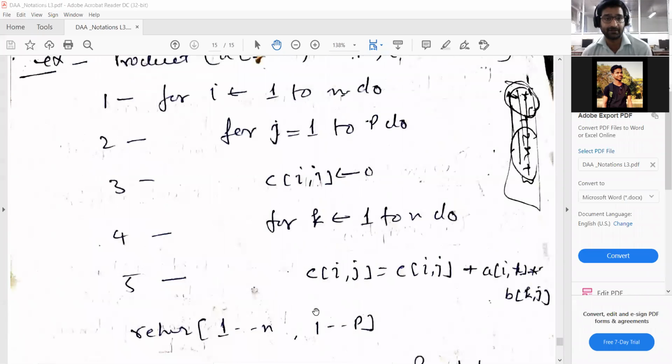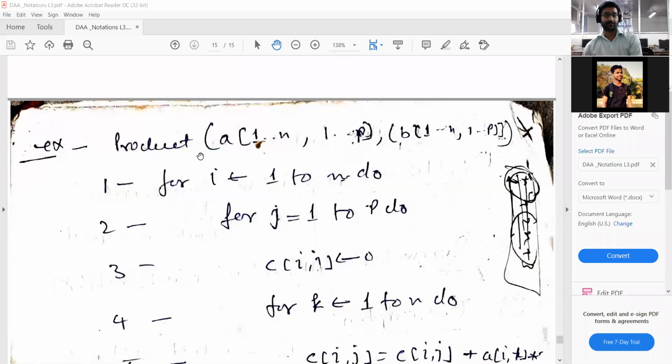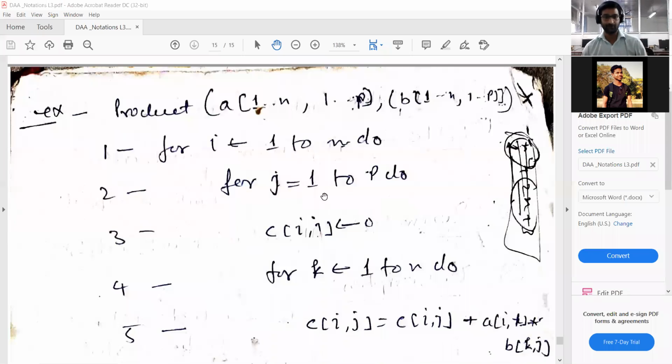Suppose this is the algorithm, something like you are trying to find out the product of two matrices. This is the algorithm for the product of the two matrices. We use the 3 for loops in this way. ठीक है, ये प्रोग्राम तो आप लोगों ने बनाया होगा. Suppose you want to find out the complexity of this program.